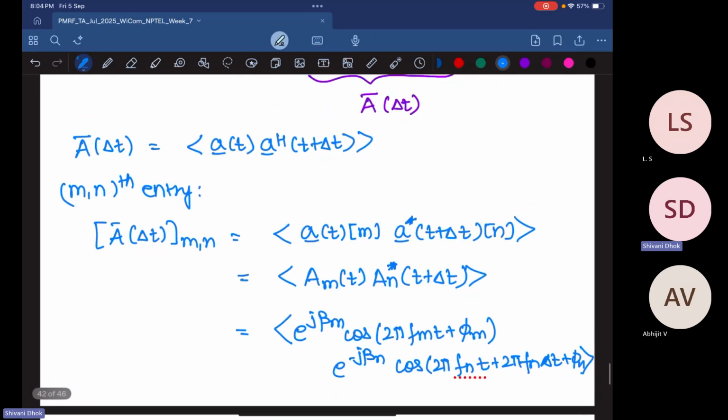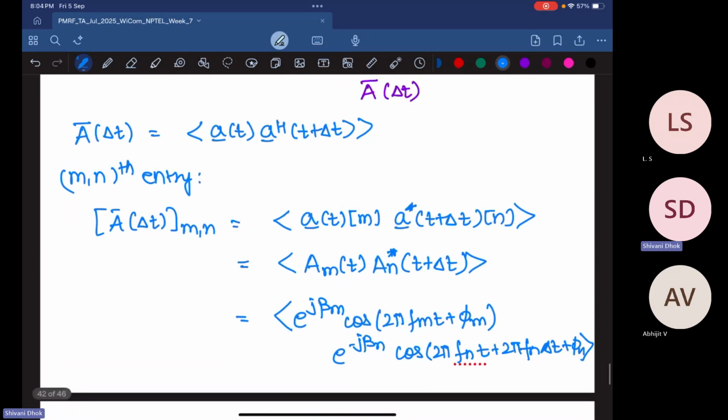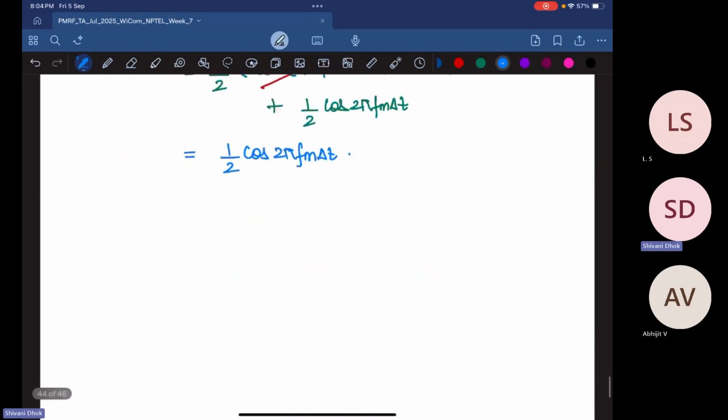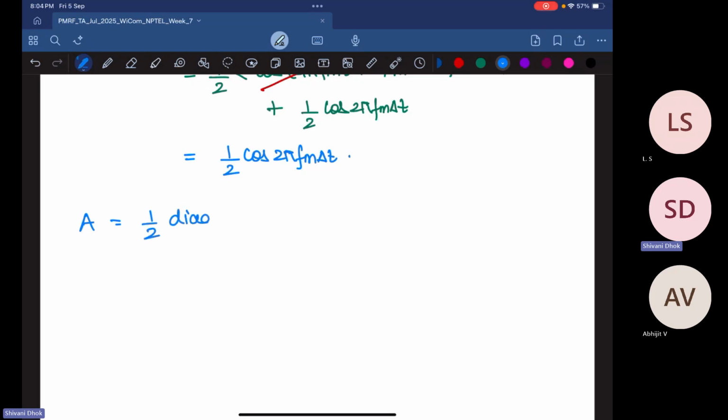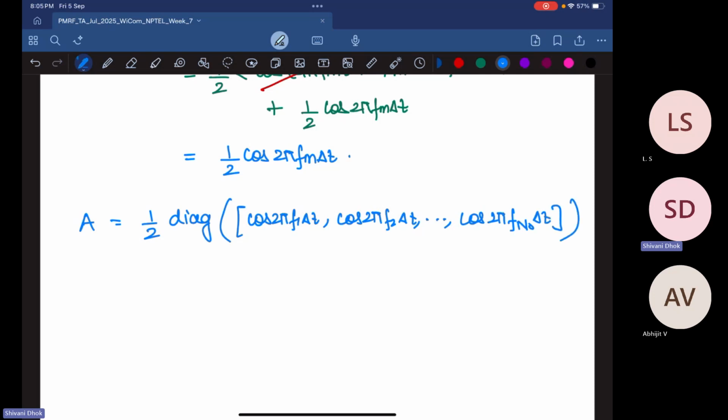So now if I substitute it back in this particular equation, a bar of delta t is basically a diagonal matrix with its mth entry given by this quantity. So a bar is basically half of a diagonal matrix with entries cos of 2 pi f1 delta t, cos of 2 pi f2 delta t, and so on till cos of 2 pi f n naught delta t.